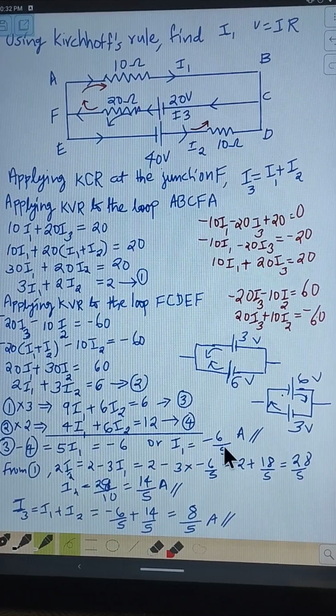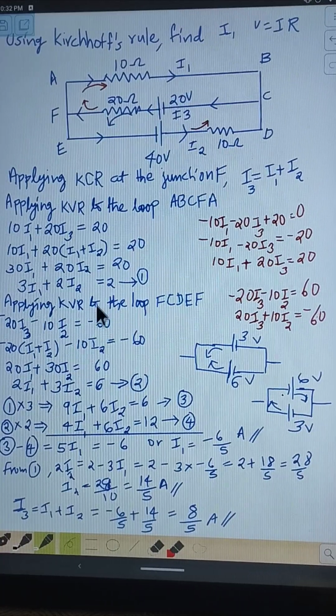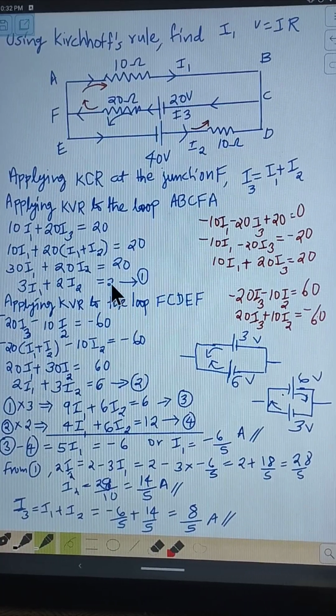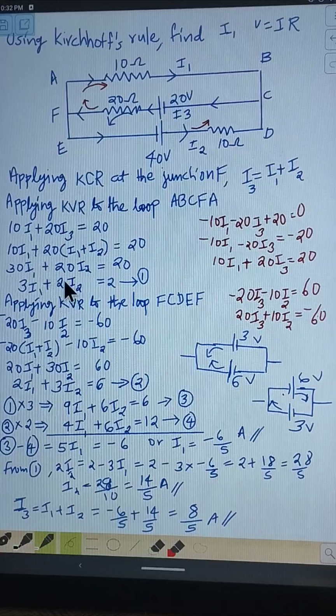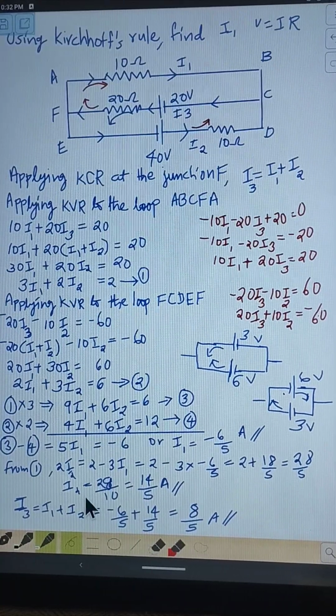Now substituting the value of I1 in any of the above equations. Suppose we are substituting in equation number 1 itself, so we can find I2 also.